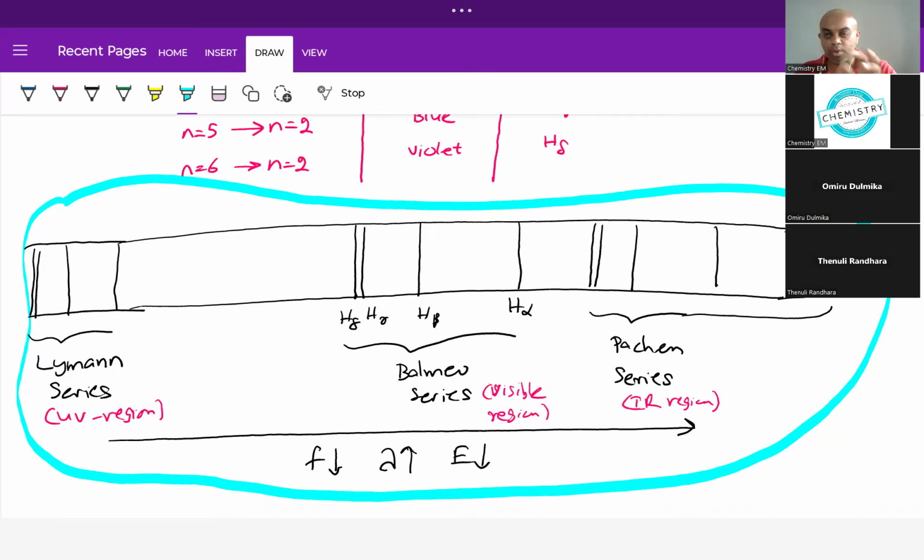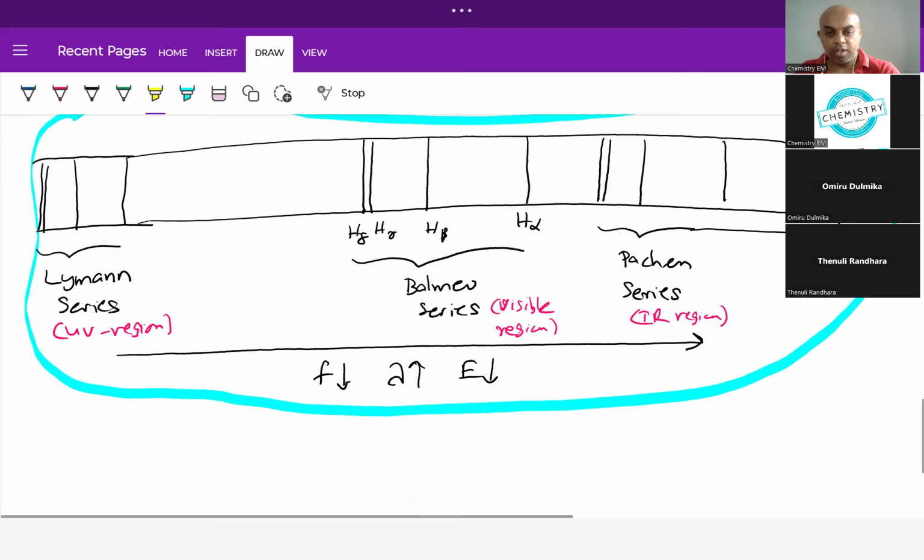Right? Hope you have drawn this one, right? Anybody who's doing? Okay. So this is about hydrogen emission spectrum, right?